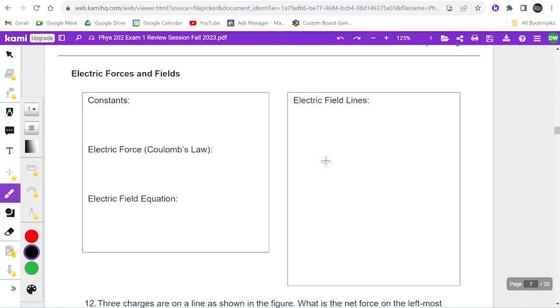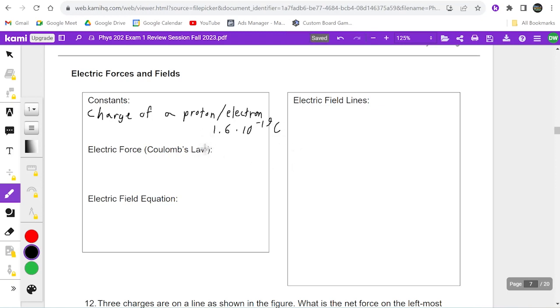First we have the constants. The first constant we have is the charge of a proton/electron. And try and just leave room. There's only one more constant. But this is 1.6 times 10 to the negative 19. And the units are coulombs.